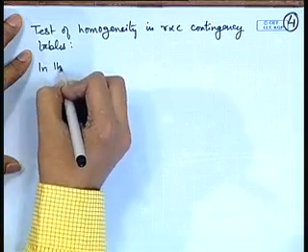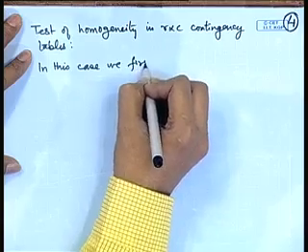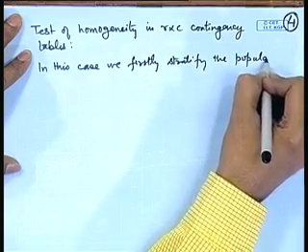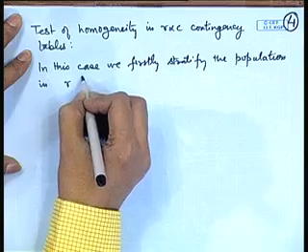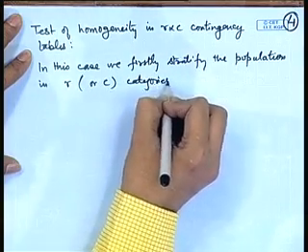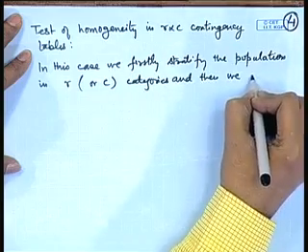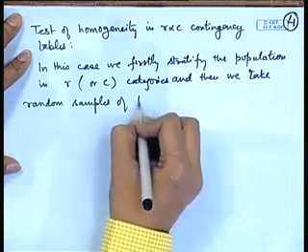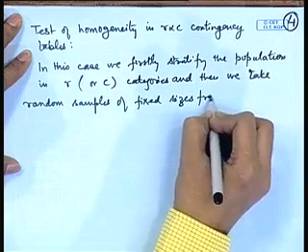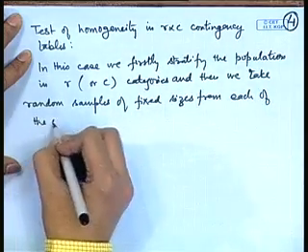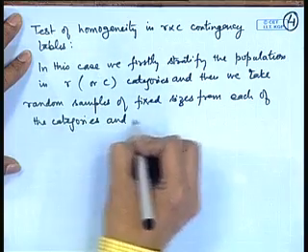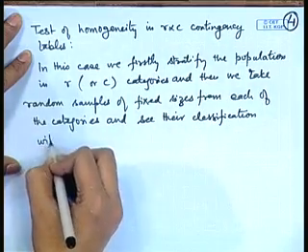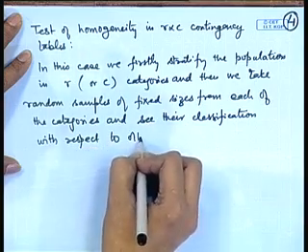So in this case, we firstly stratify the population in say R or C categories, and then we take samples of fixed sizes from each of the categories and see their classification with respect to other categories.